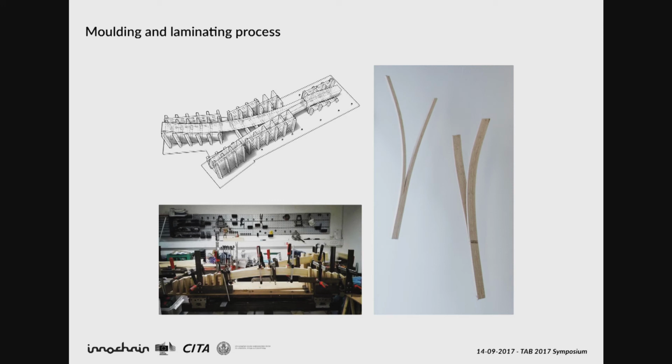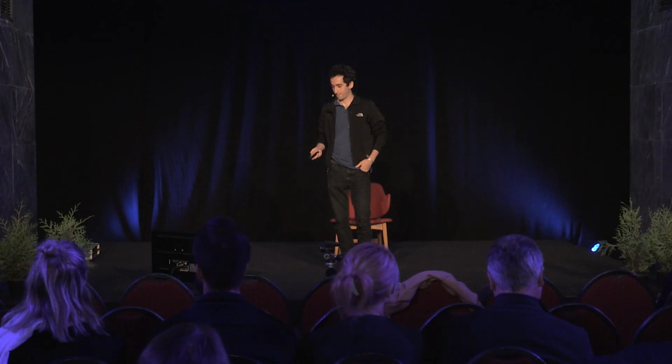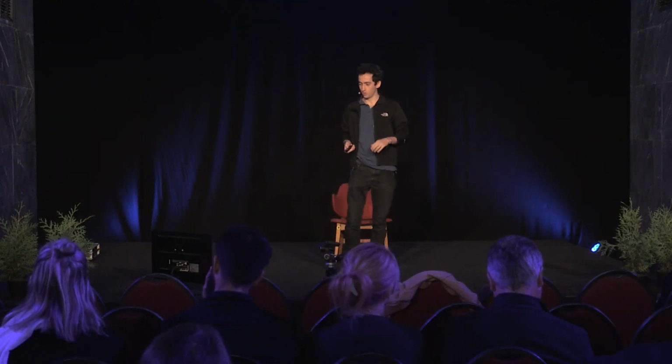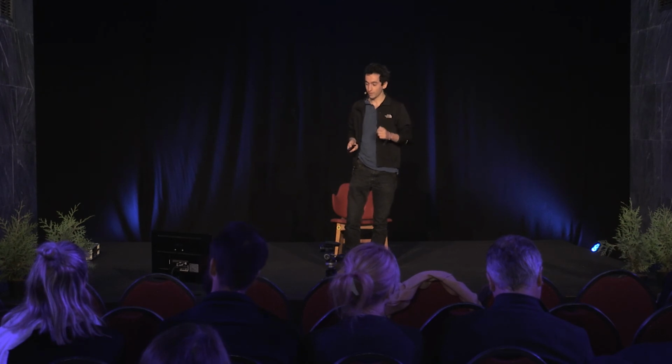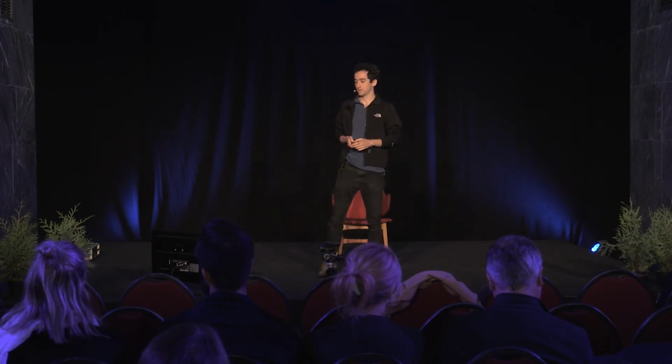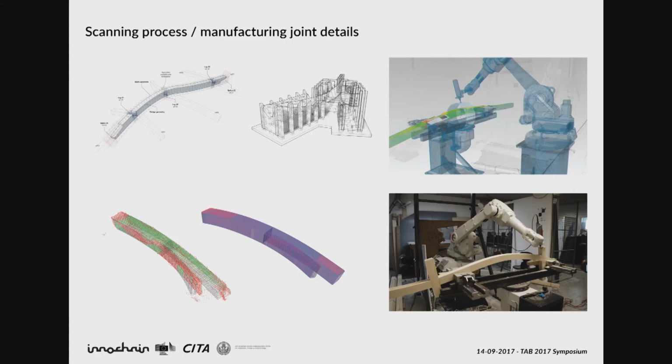We made a lot of sections with MDF boards, and then we could lay the laminates on top of it and have the final elements. We were also looking at scanning processes to see if the digital and the physical models were coherent. As you can imagine, there was quite a bit of springback.